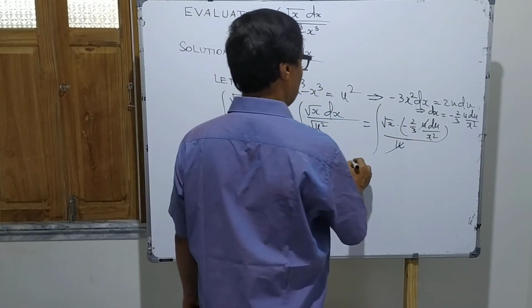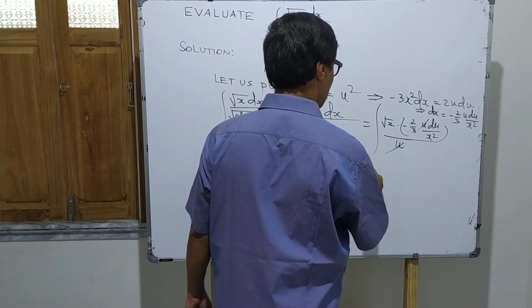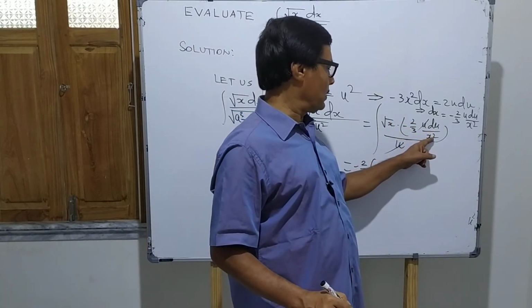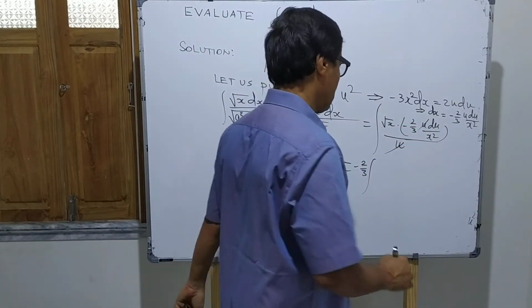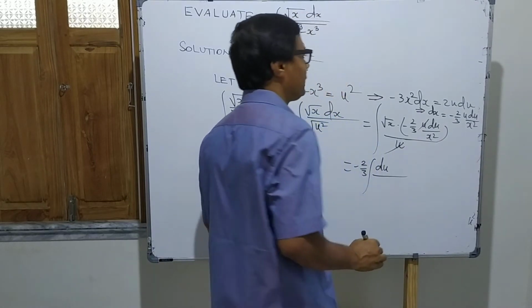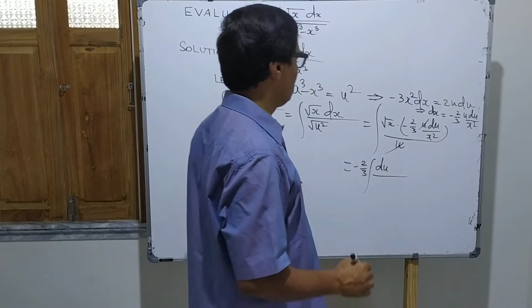We get minus 2 over 3 du over x square into root x, that is, du over x square is divided by root x.